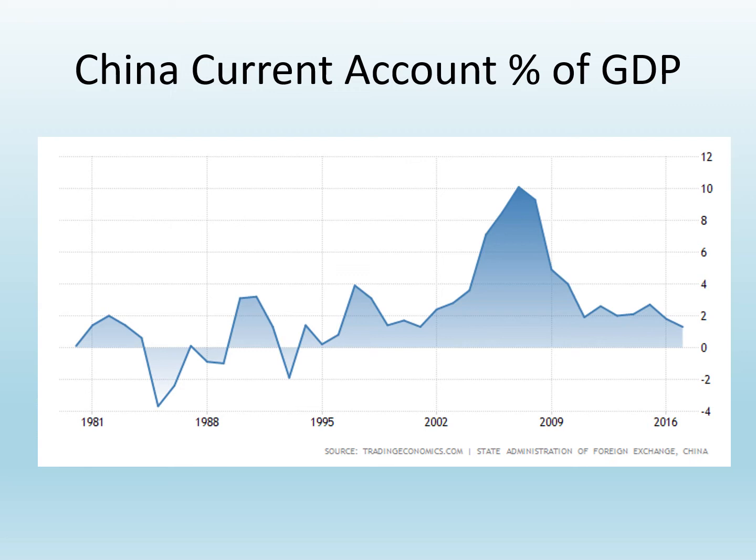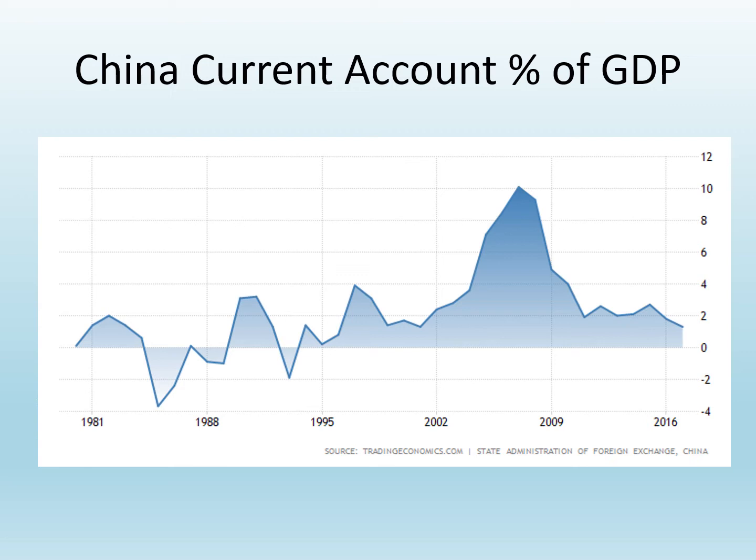The other thing that's noteworthy in this diagram is just how the Chinese current account surplus has been shrinking, and as you can see, it is now less than 2% and declining.